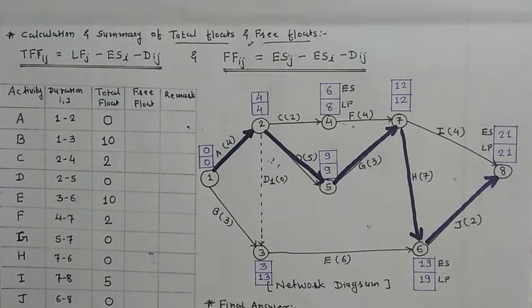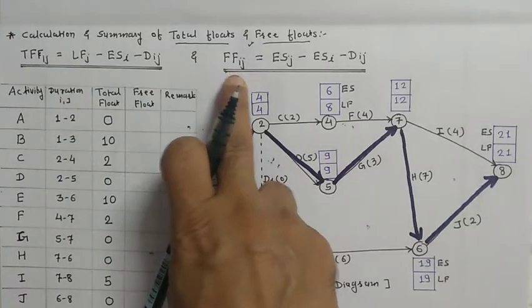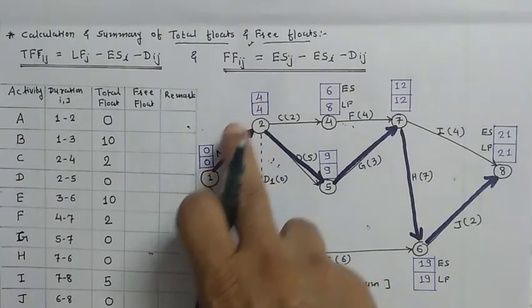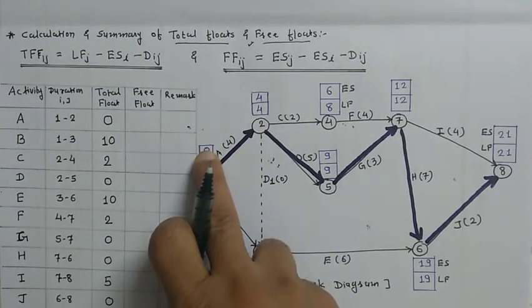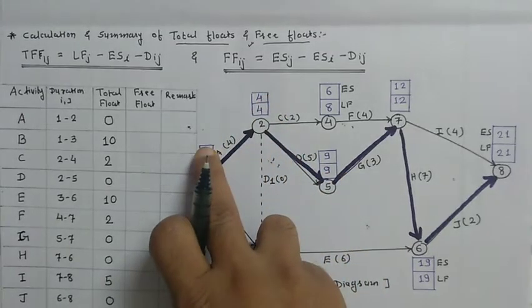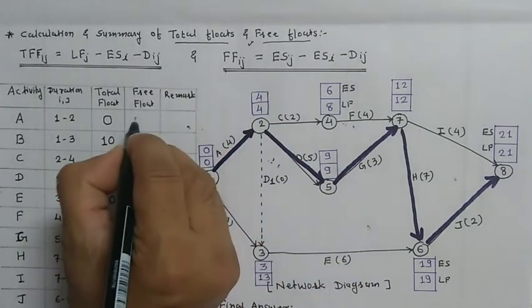And for the free float, earliest start time of J minus earliest start time of I minus duration. So for 1 to 2, 4 minus 0 minus 4, so it is also 0.